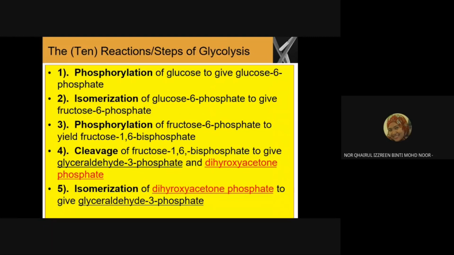First is phosphorylation of glucose to give glucose 6-phosphate, then the isomerization of glucose 6-phosphate to give fructose 6-phosphate.